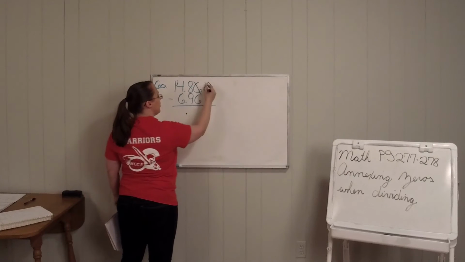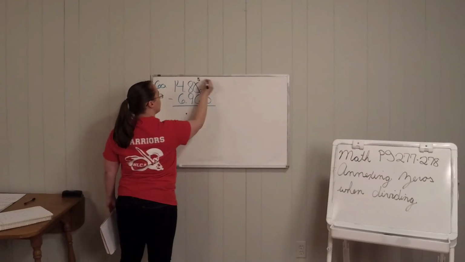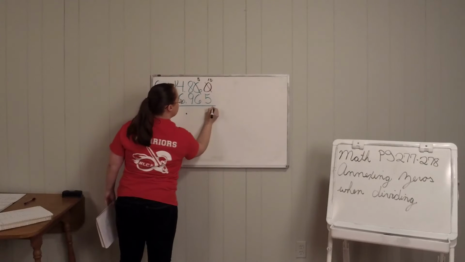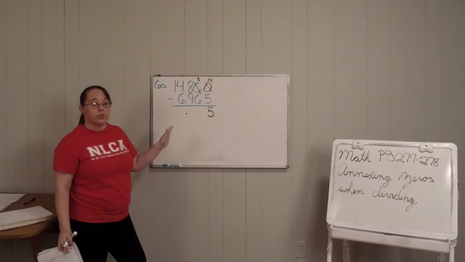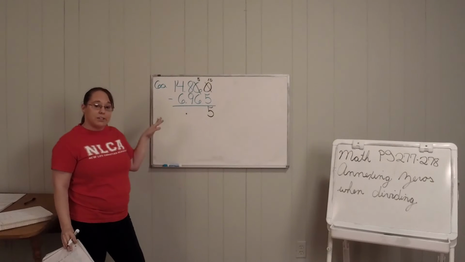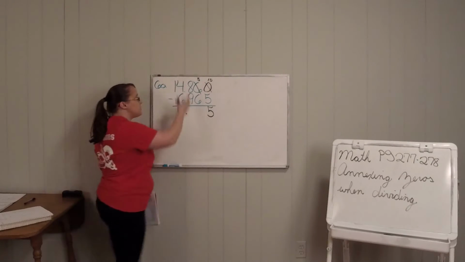So then you borrow. 10 minus 5 is 5. Do not go ahead and cross everything out when you think you're going to borrow from everything. Wait. Go step by step.